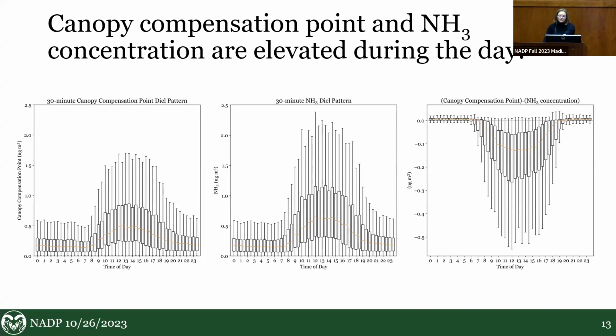And then when we just look at the difference between these two, so just to give you an understanding of if we would see deposition or emission, the negative values are deposition, positive values are emission, that's going to be the same for the rest of the talk also. So when the ammonia concentration exceeds the canopy compensation point, where we have these negative values, that's where we're seeing the largest deposition amounts, so during the daytime.